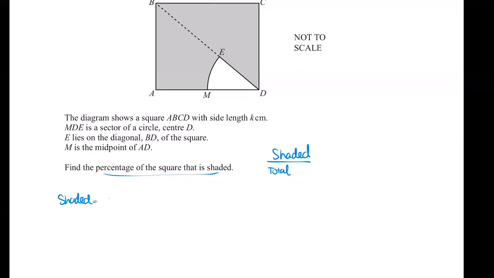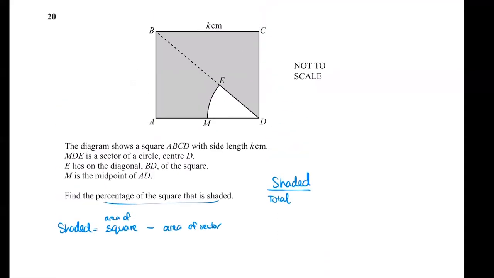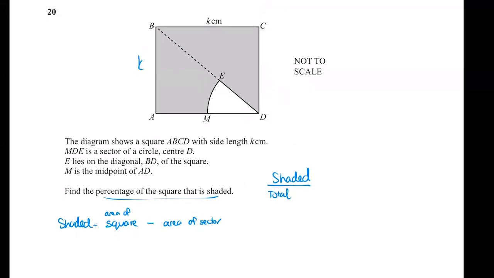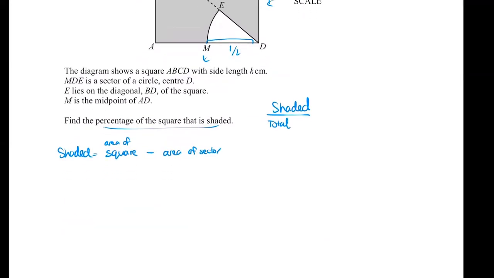So shaded region is equal to square minus area of sector. Area of square. So area of square is, because this is K, this is K, this is K. MD, however, is half K. So some of you might feel like, oh, wow, what are we going to do here? Well, find area of square first.